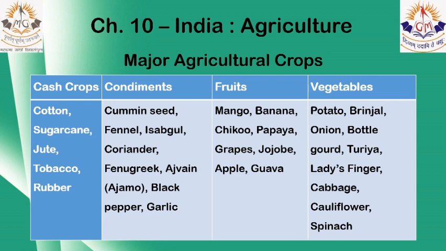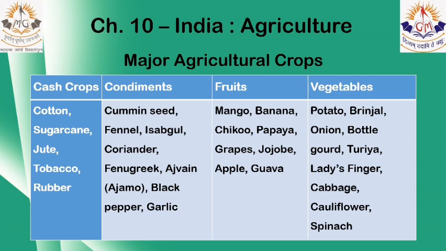where even before you take the harvest, the market is ready to absorb whatever you have produced. They're called cash crops. It's quite in demand and easily sold off, fetching the farmer instant money. That's why they're called cash crops. Cotton, sugarcane. We know cotton is used for cotton textiles, so lots in demand.